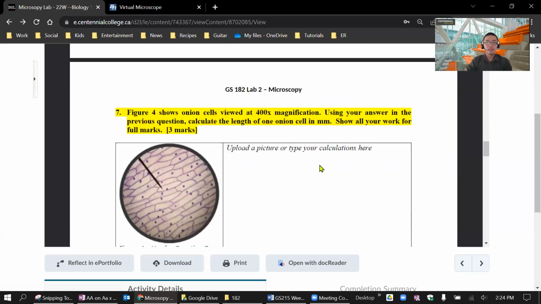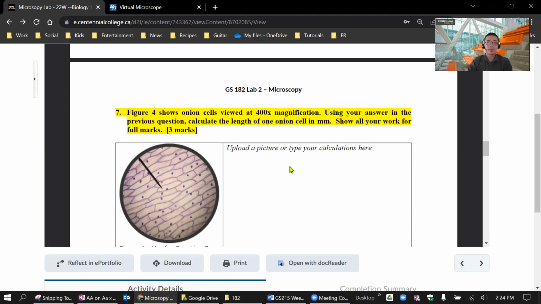This question is asking you, look at this picture, right? And here is one onion cell, and I want to know how long it is. Okay, so the answer is not going to be exact, but there is a range of answers that I'm going to accept, as long as you show me the math and you can justify your reasons, and it's logically sound.